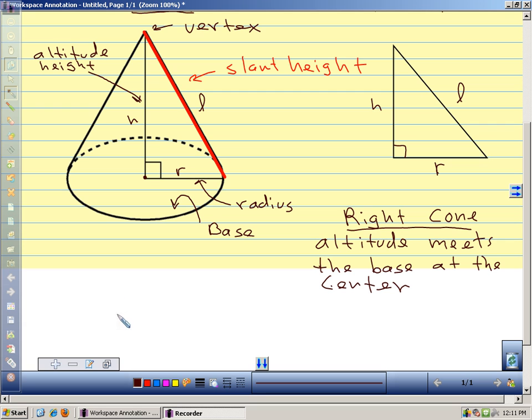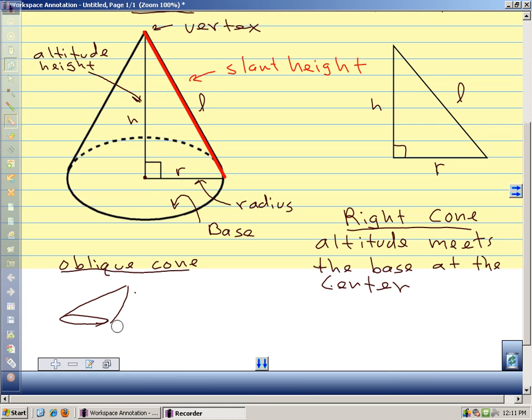An oblique cone is just slanted. So let's draw a small picture of an oblique cone. An oblique cone would look like this: if this was my base, and this is the vertex. Oops, we'll make the vertex there. This is my oblique cone.